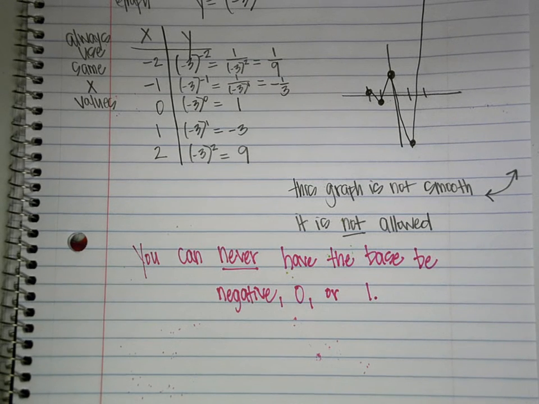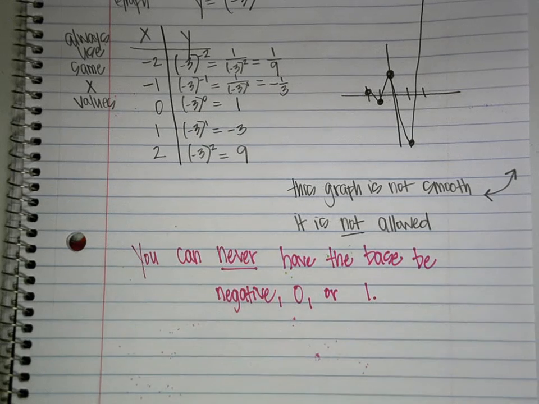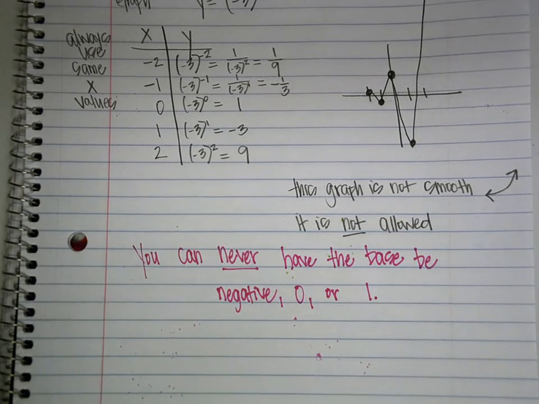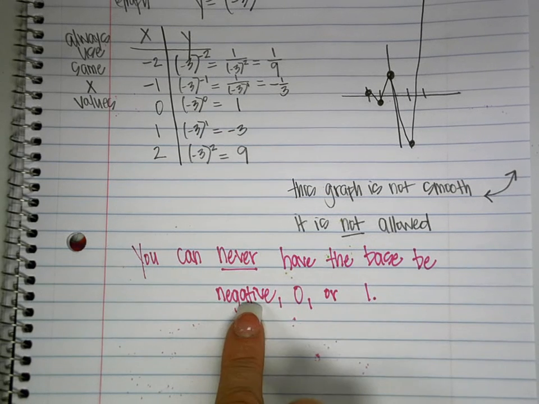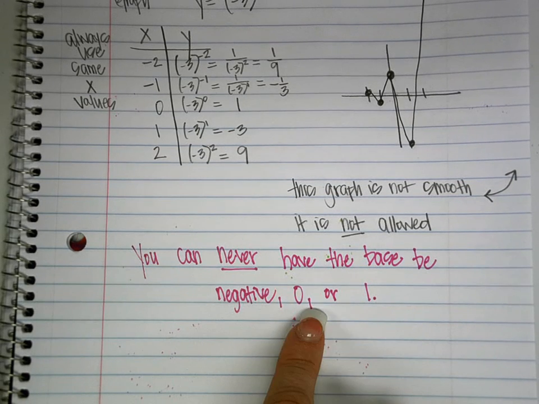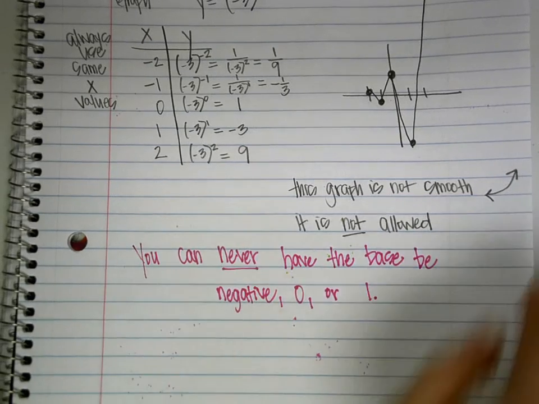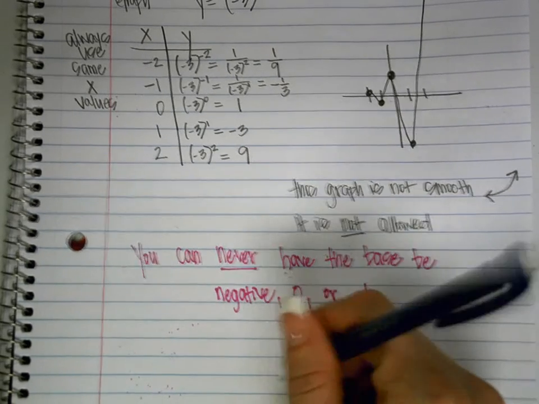If you've paid attention in chemistry, for things to react, there has to be more than just one thing. You could have 2 oxygen molecules, and they bump into each other and make reactions. If you just have one thing bouncing around in the air by itself, it's not going to grow. So that's why you can never have an exponential function with a base of 0, 1, or negative. Those are your notes for the first set.